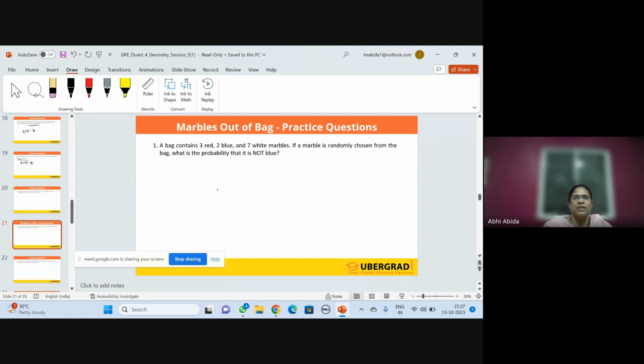So a bag contains 3 red, 2 blue, and 7 white marbles. If a marble is chosen randomly from the bag, what is the probability that it is not blue? Not happening of an event. What is the probability that it is not blue? Quick answer in the chat box.